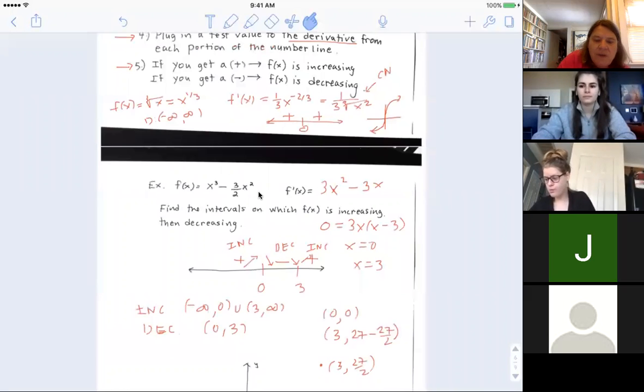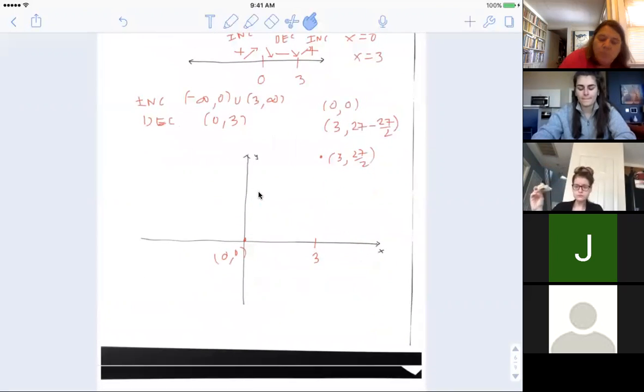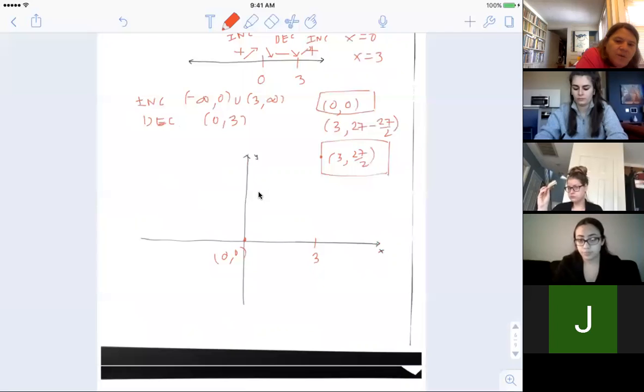Clearly, when you plug 0 into this function right here, you get 0. And if you plug 3 in, you end up with 27 halves. So have your calculator close by, but the 2 points that I got here were 0, 0, and 3, 27 halves. And for some unknown reason, I plotted 3 and 27 halves down here.